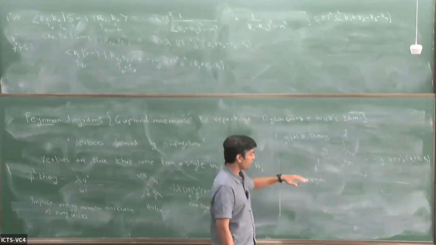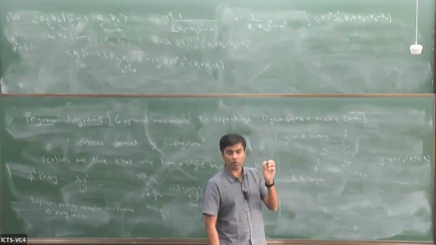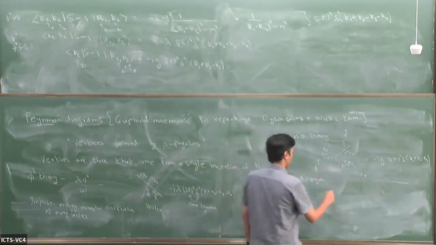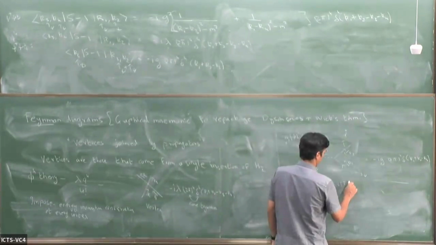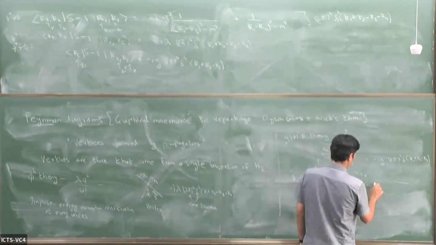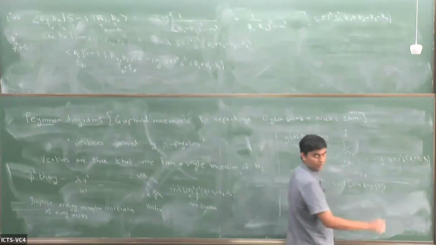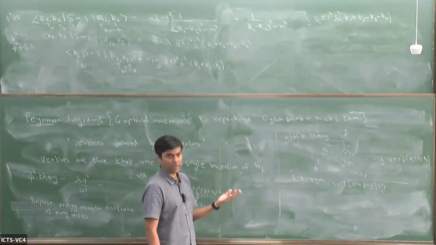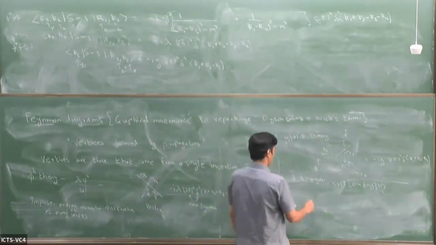So this propagator is just literally the contraction of the two phi's. It's just the value of the time ordered product of phi of x, phi of y. However, because we are working in momentum space, we only want its Fourier transform. And you remember what its Fourier transform is.